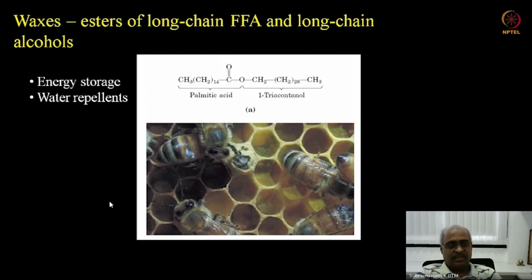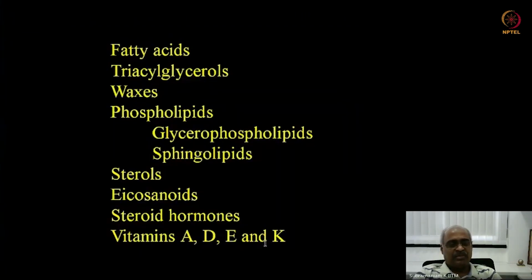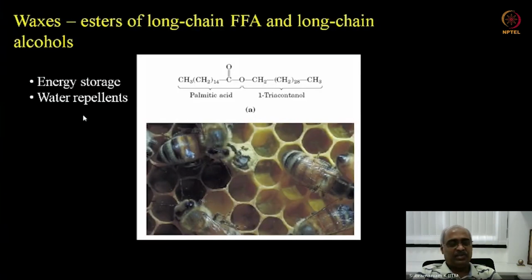Waxes are there even in the sperm whale, and these are useful in the cosmetic industry for preparing fragrances of many different varieties. Due to that, some of these organisms that produce these kinds of fats were hunted nearly to extinction.